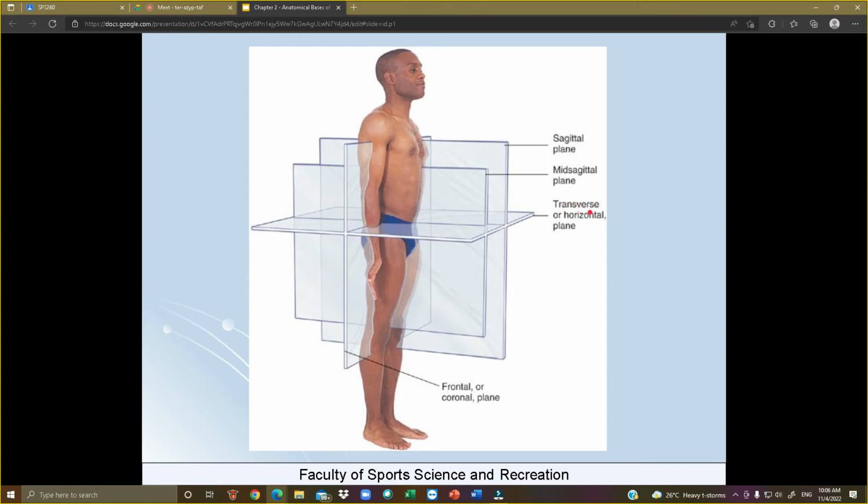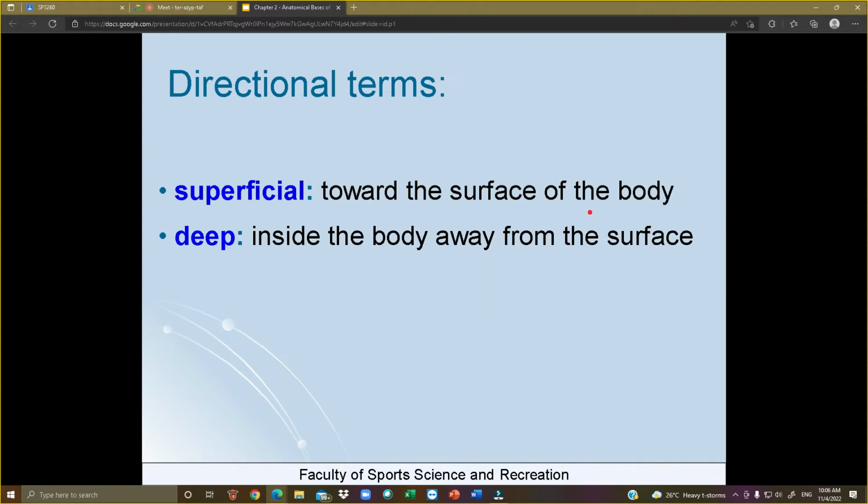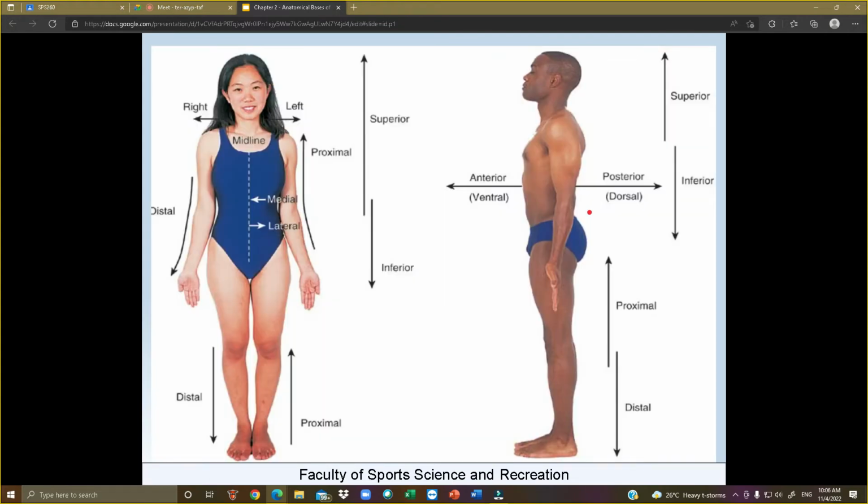The first one is frontal plane, depan, belakang. Second one is sagittal plane, kanan, kiri. And the third one will be transverse plane, atas, bawah. Tiga plane. So from that three plane, kita ada pelbagai-bagai pergerakan. Sorry. Bukan pergerakan dulu. Kita tengok position.